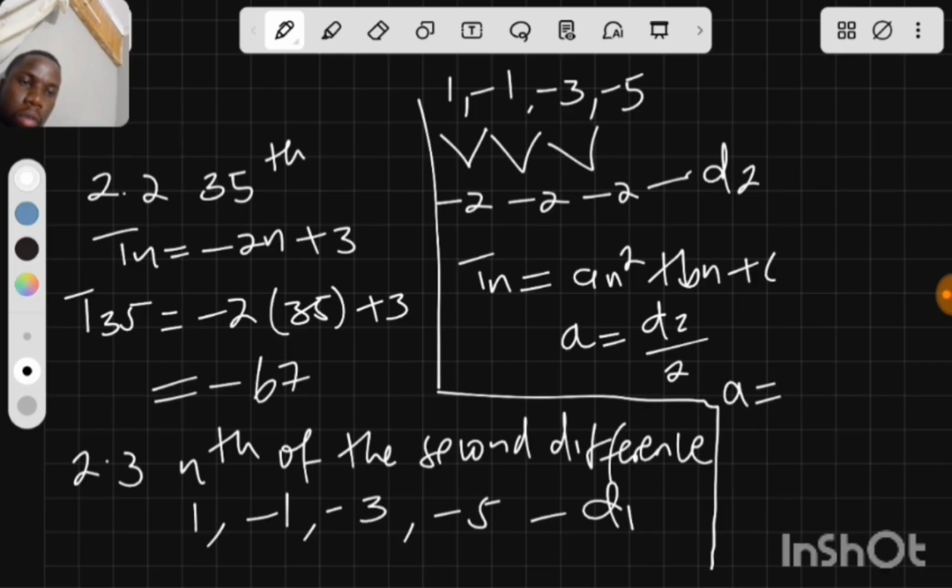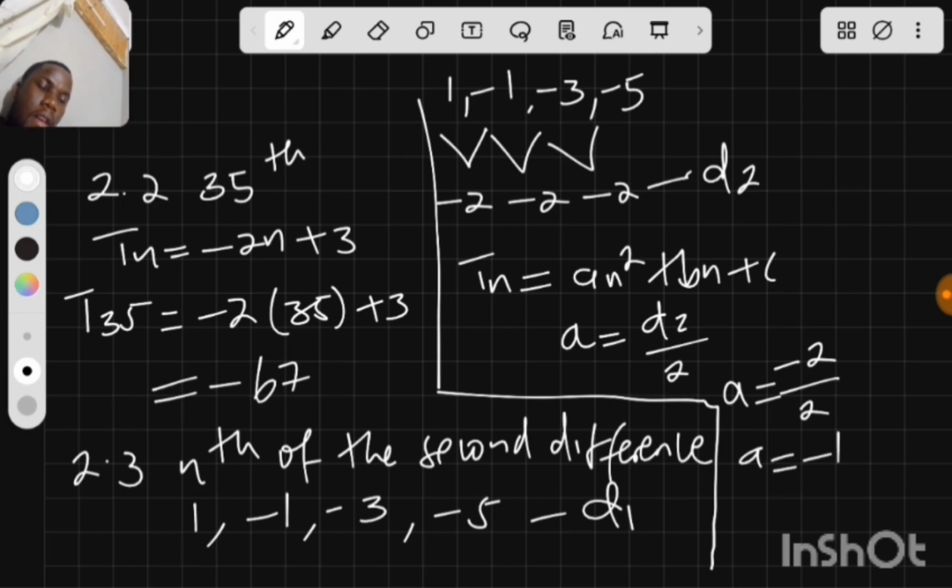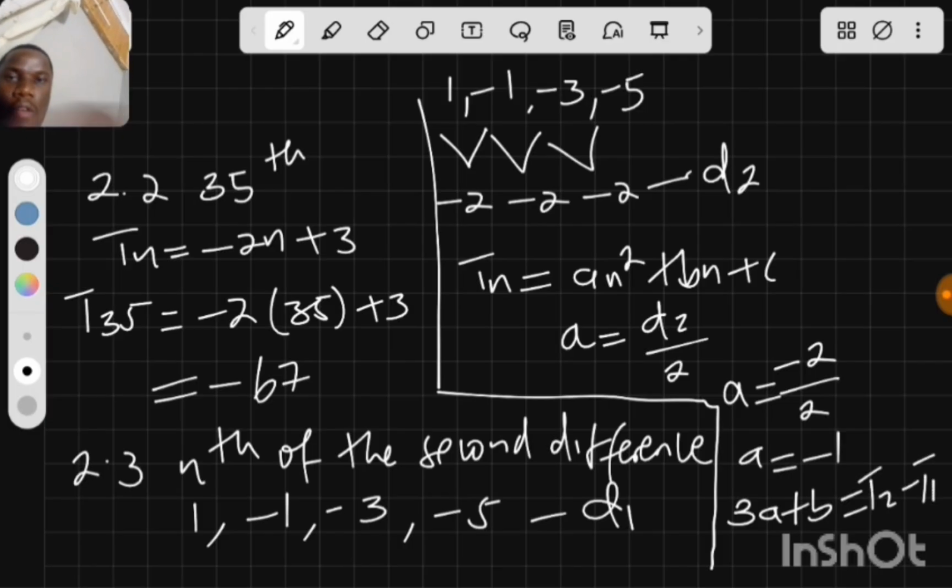A is equal to our d2, minus 2, divided by 2, which is a equal to negative 1. I hope you understand. Then b is represented by 3a plus b, which is equal to t2 minus t1.